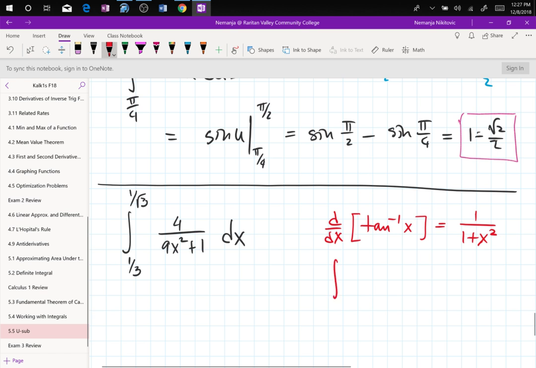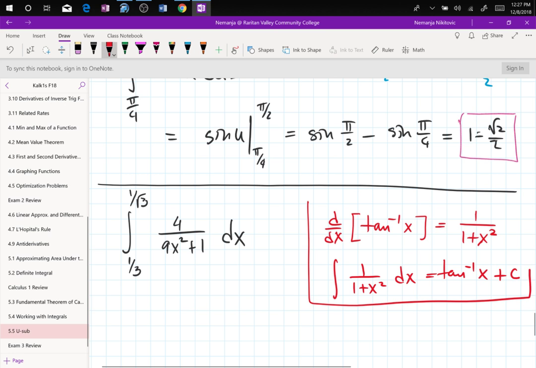Which means that the integral of 1 over 1 plus x squared dx is inverse tangent x plus c. So this is the knowledge that I'm going to put in a box, which you are supposed to have, because I said out of all 6 inverse trigonometric functions for derivatives and integrals, you better know this one, right?